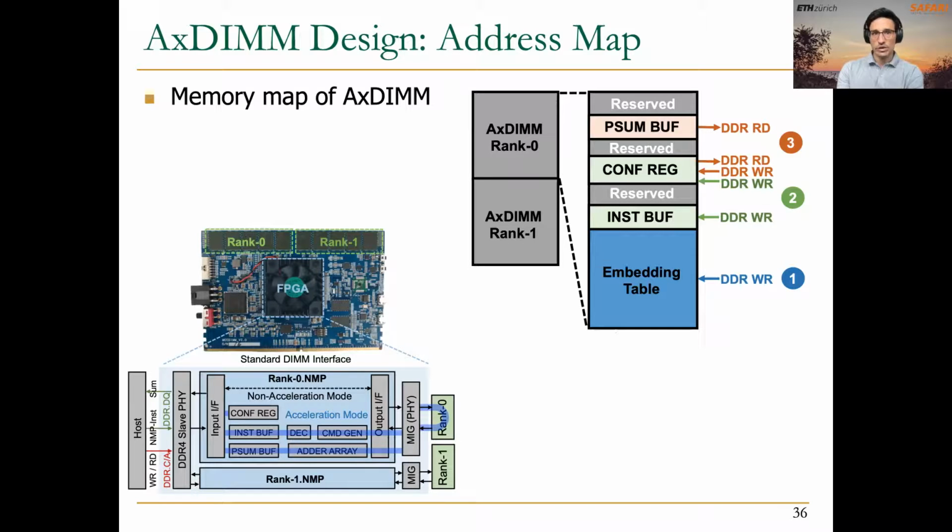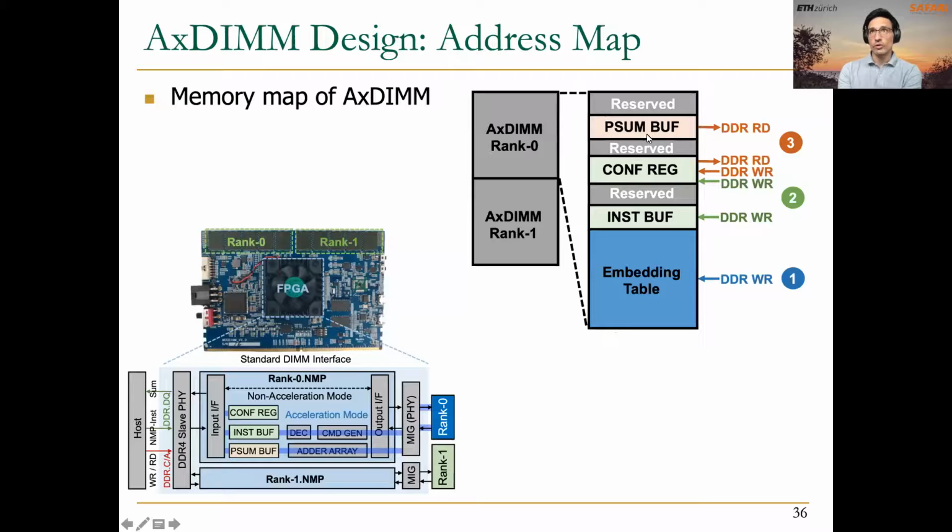There are some reserved addresses, but then there are also addresses to access the PSAM buffer registers, some addresses reserved for the configuration registers, some for the instruction buffer, and then the rest of the address space is for the embedding tables residing in the ranks. Here on the right, you can see the different commands that the host processor uses to access the different addresses of the memory map.